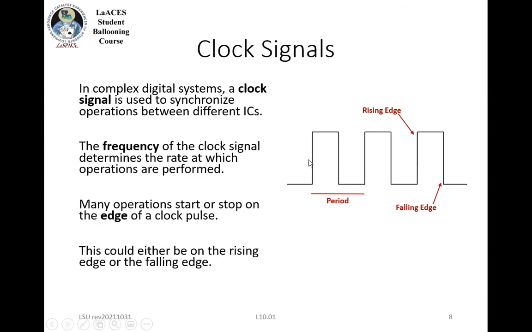So usually you trigger on one of the edges of the clock pulse. We can either trigger on this edge here. That's called a rising edge because it's going from low to high, it's rising. Or we will trigger on the falling edge, again, going from high to low, it's falling.